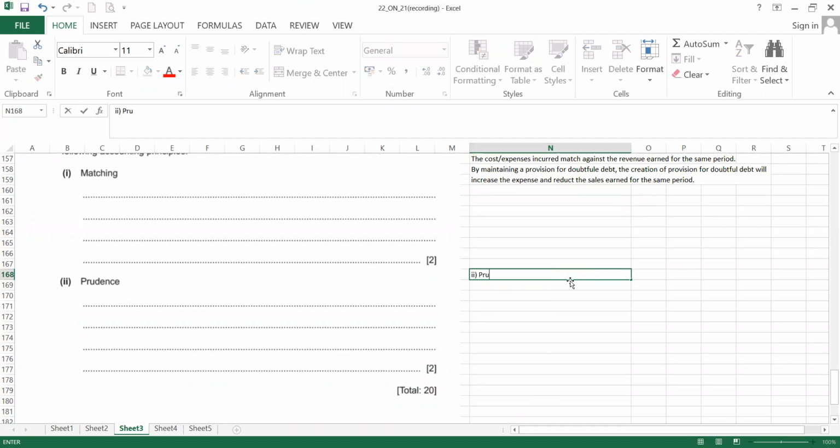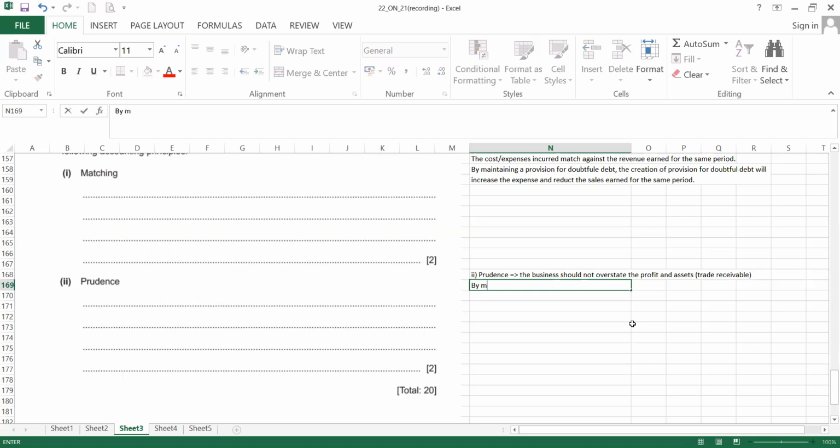The general idea for prudence is that the business should not overstate the profit and asset. This asset refers to the trade receivable, because trade receivable is under current asset. So how are we going to put it into a sentence?